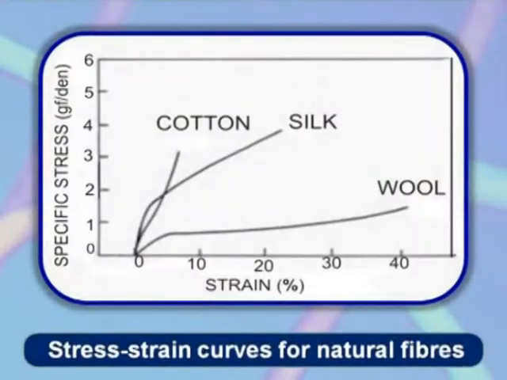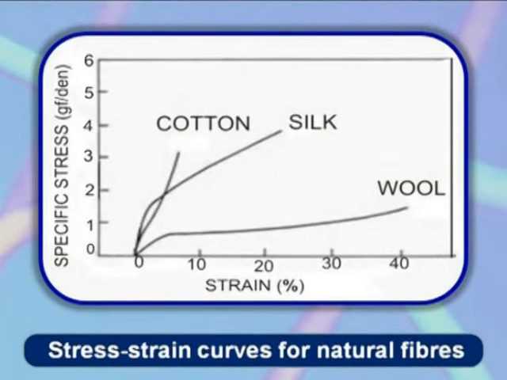The stress strain curves of the three major natural fibers and of man-made fibers are shown in the figures. The end points of the curves indicate the breaking stress and the breaking strain.